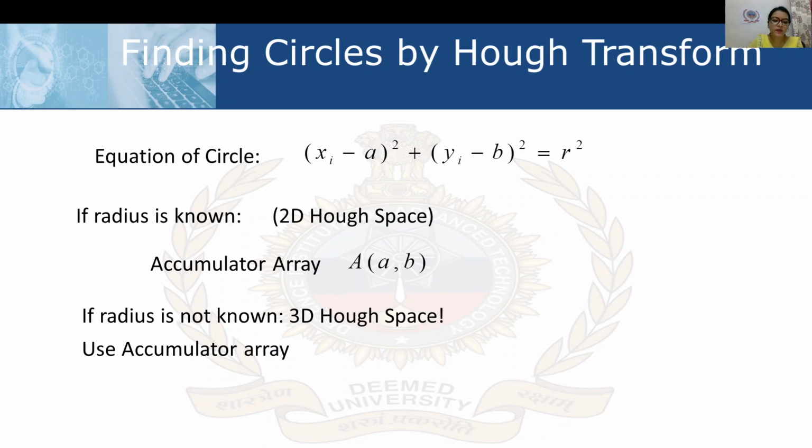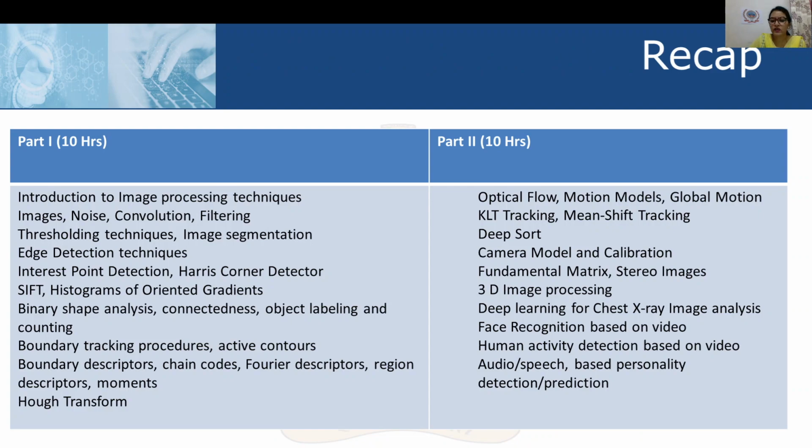You will get multiple votes for an actual circle. Similarly, you can find parabolas, ellipses, and such kinds of things also.